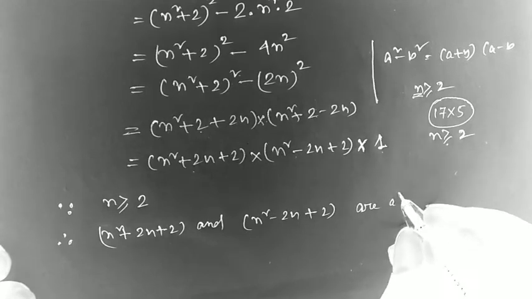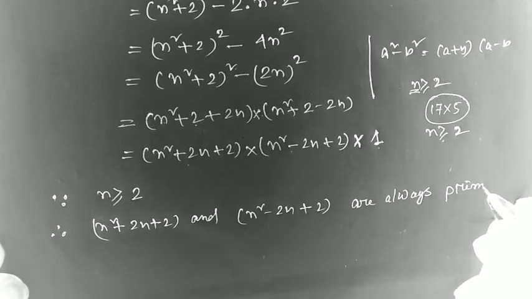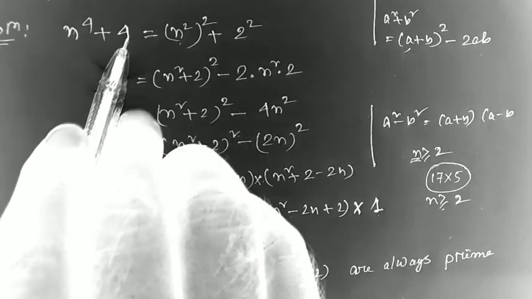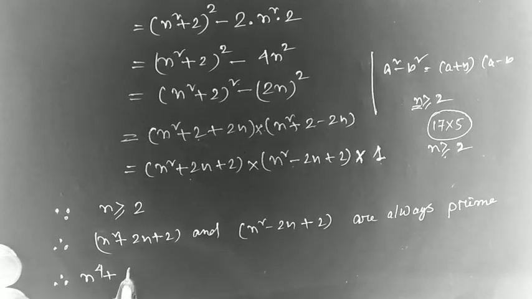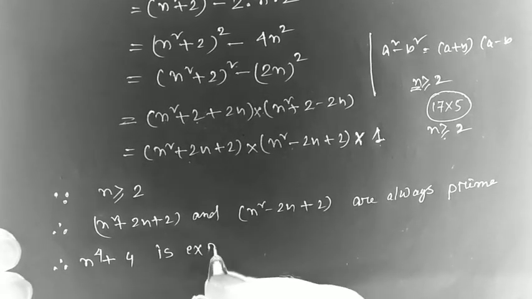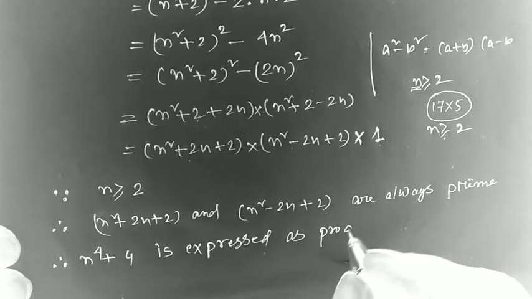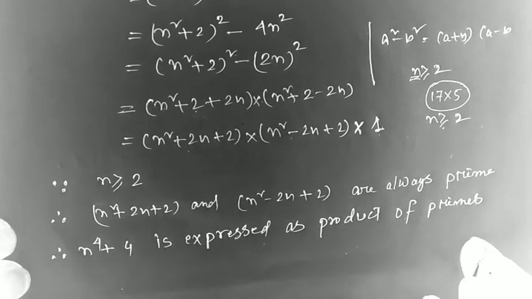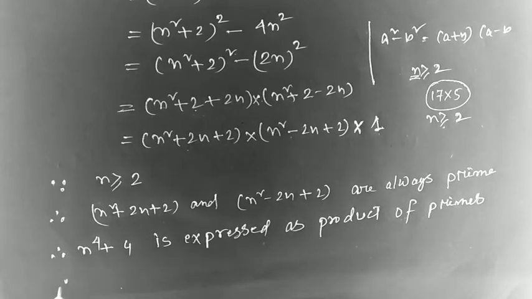Now you observe that since the value of n is greater than or equal to 2, that means n is a positive number which is greater than 2. So if we put any number here, suppose 3, then 3 square 9 plus 2 is 11, 11 and 6 is 17, and here 3 square 9 plus 2 is 11 and minus 6, what, 5. So if we put the value 3 here, we are getting 17 into 5, both of which are what, prime numbers.